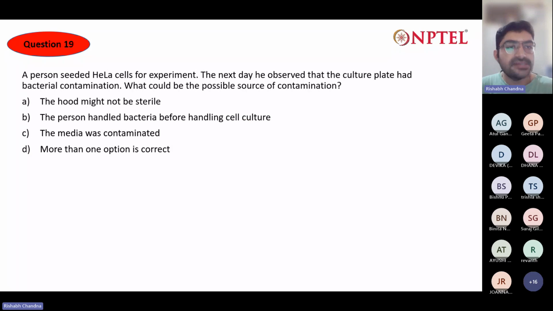So a person seeded HeLa cells for an experiment, and the next day he observed that the culture plate had bacterial contamination. So what could be the possible source of contamination? And here are a few options. Can anybody guess?